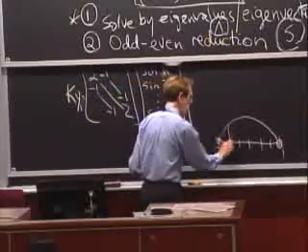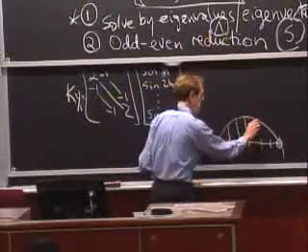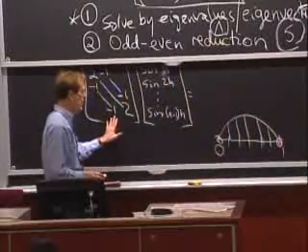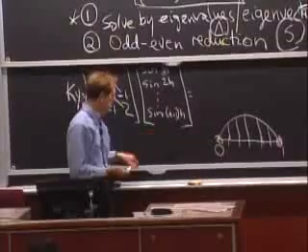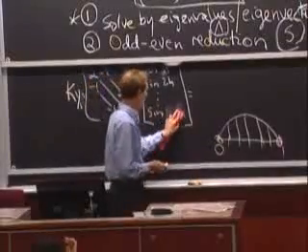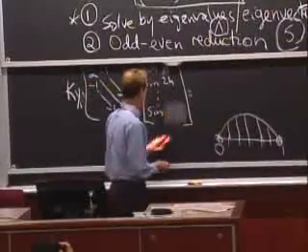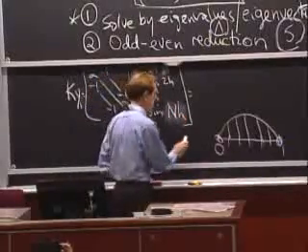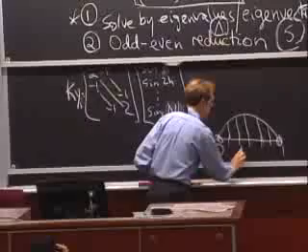And here's sine H, sine 2H, sine 3H, sine 4H, sine 5H. So for the 5 by 5 case, maybe I should even be using capital N. So capital N is 5 in this example.